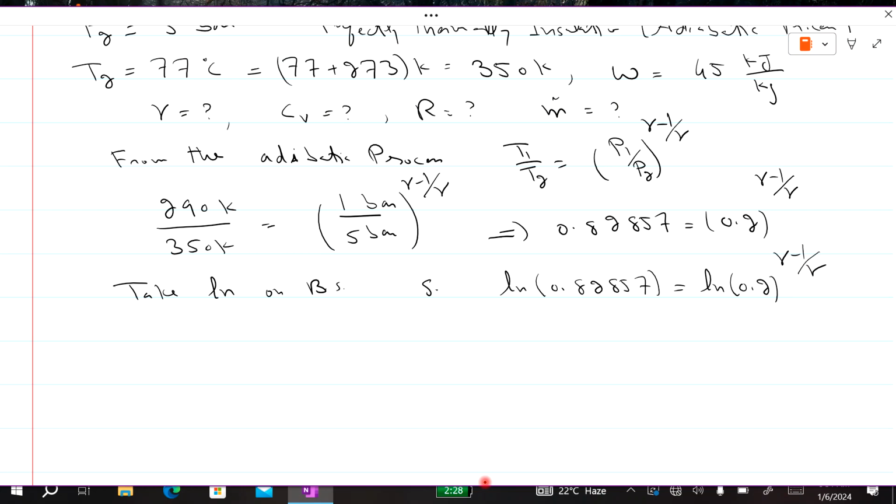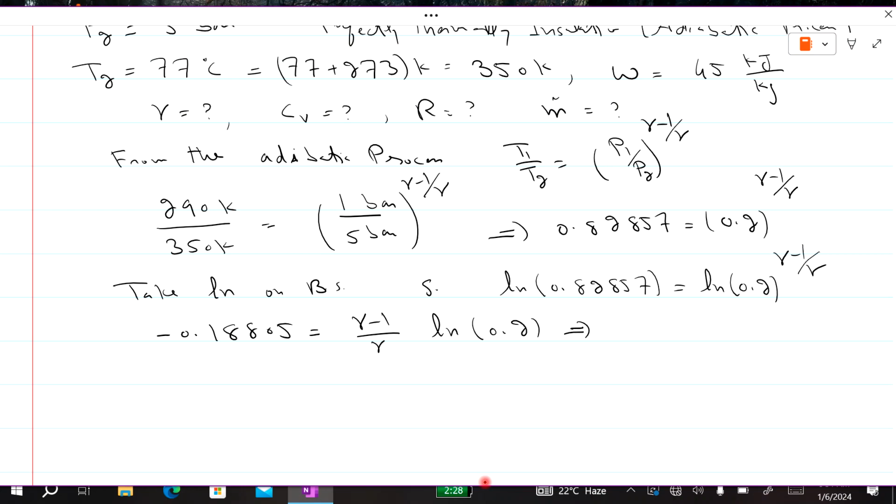Natural log of 0.82857 is equal to minus 0.18805, which according to the logarithmic law is equal to gamma minus 1 divided by gamma times natural log of 0.2.